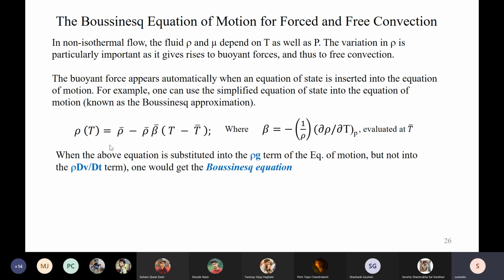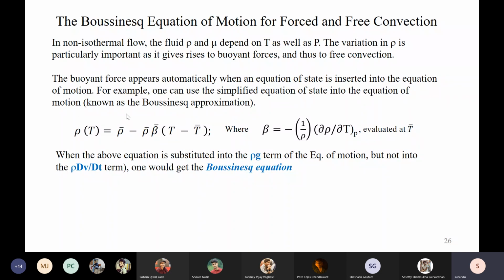So this equation, which is obvious, must go in place of the rho g term of the equation of motion. You remember, in the equation of motion, there is a term on the right-hand side which is denoted by rho g and is known as the body force term. So the body force now has to be modified in order to take into account the buoyant force.